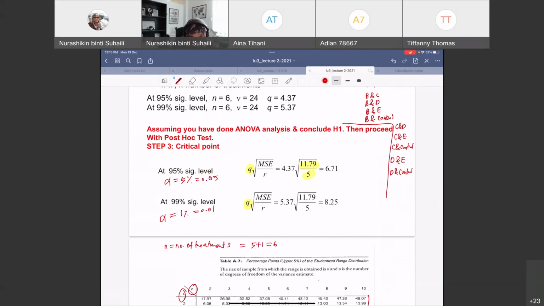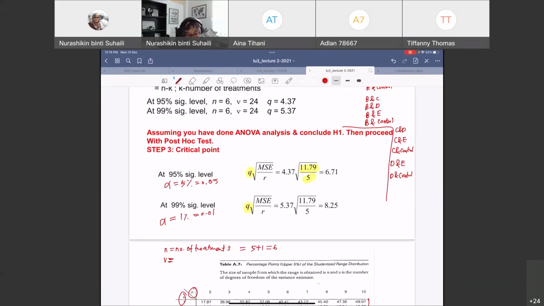And then B is the degree of freedom, the degree of freedom of the error actually, which is the total number of observations minus number of treatments.